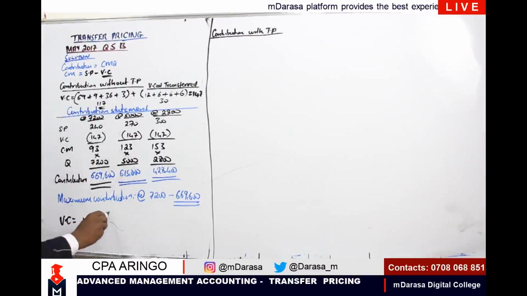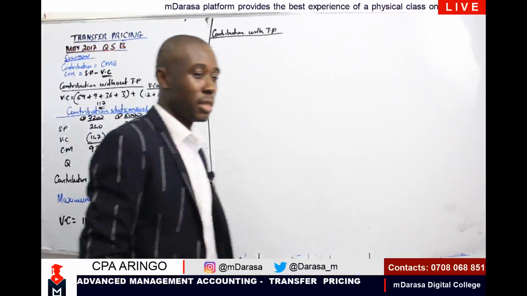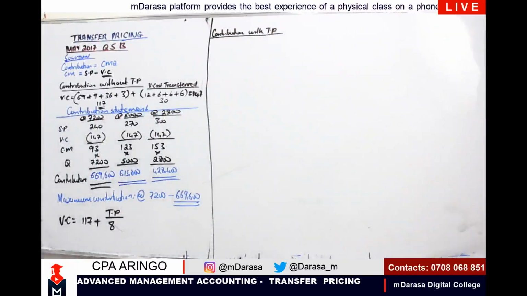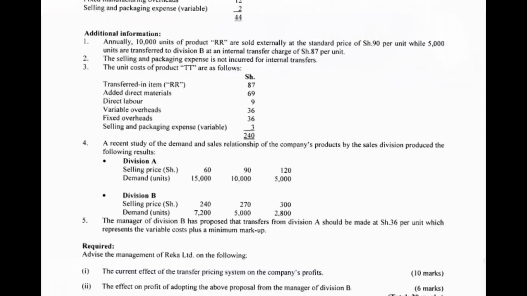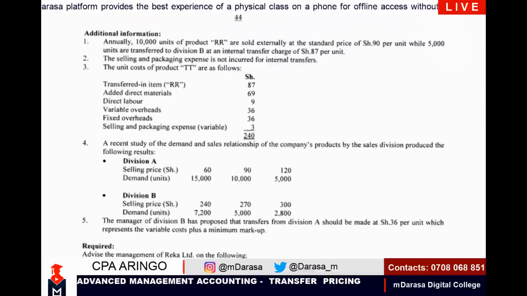We add transfer price. According to our question, transfer price, I was given a figure of how much? Look at that question. Let me just check it out. Note number 1: annually, 10,000 units of product RR are sold externally at the standard price of 90 per unit, while 5,000 units are transferred to Division B at an internal price charge of 87 per unit.